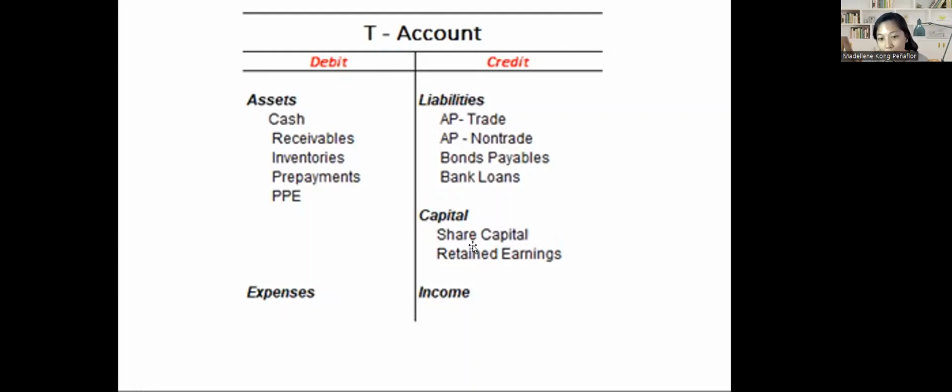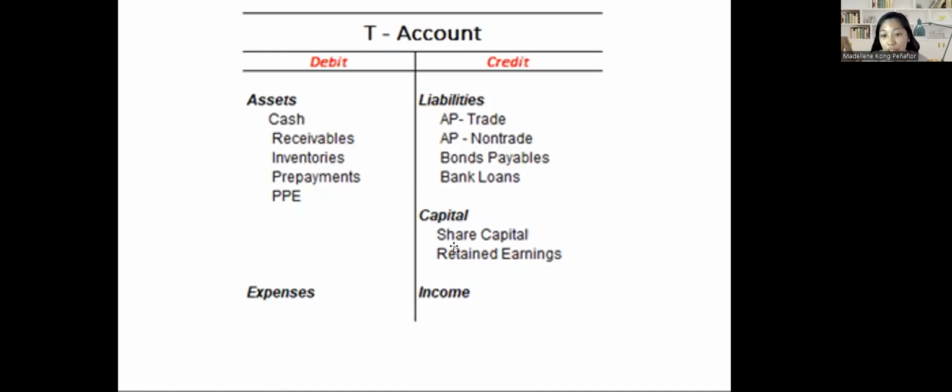And how come expenses and income are also there? If we go back to our previous discussion on the income statement part, retained earnings is composed of expenses and income, because the result of income less expenses is either net income or net loss, and this net income or net loss is closed under retained earnings.